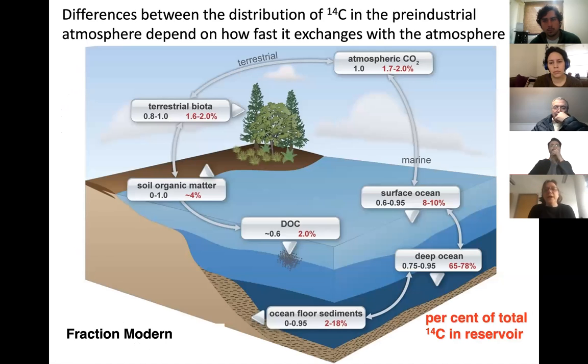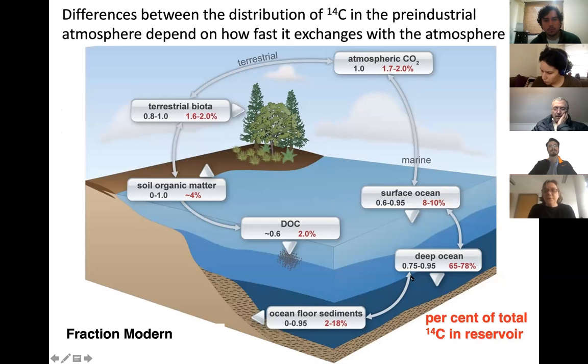So if we use the fraction modern for the pre-industrial world, the atmosphere would have had a fraction modern of 1. And the red things here are just how much of the total carbon in the world is in the reservoir.